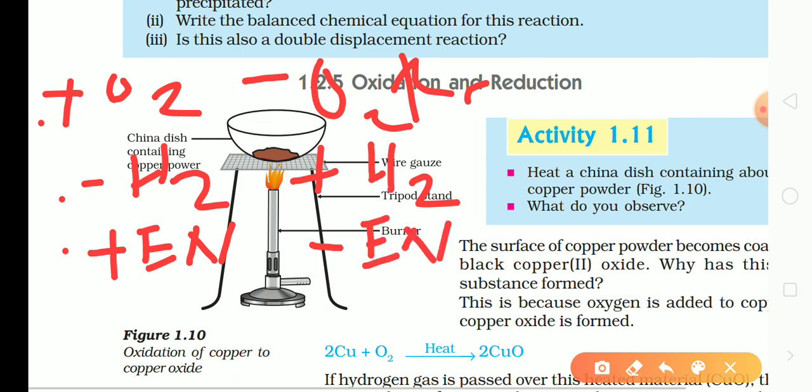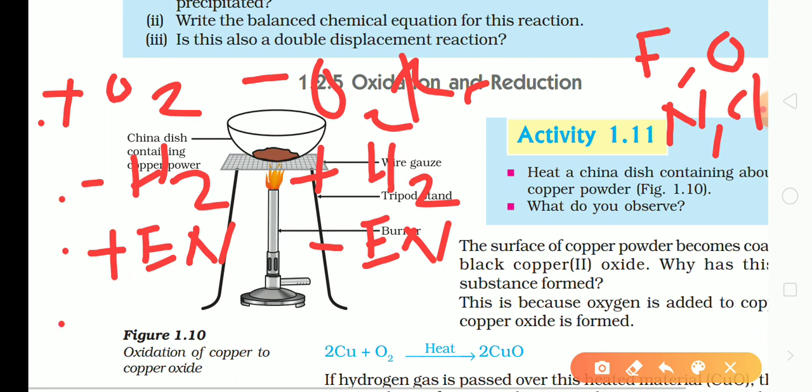What do you mean by electronegative element? An element which has higher tendency to accept electrons is called an electronegative element. The most electronegative element is fluorine, then comes oxygen, then nitrogen, and finally chlorine. These are very highly electronegative elements.